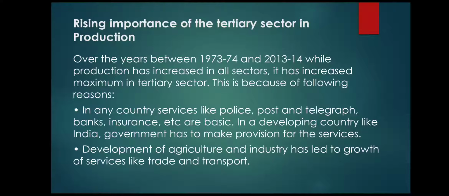Goods were supposed to be transported from one place to another. Apart from this, storage was also required for the greater amount of agricultural output. Similarly, for the industrial sector, as industries started producing more and more goods, it led to the requirement of more and more services.